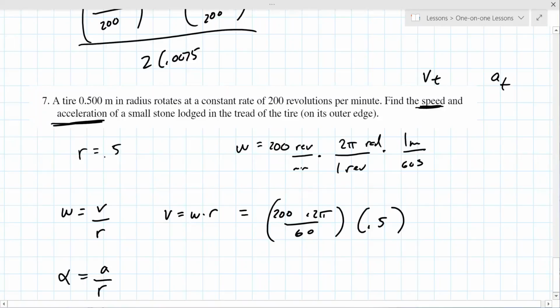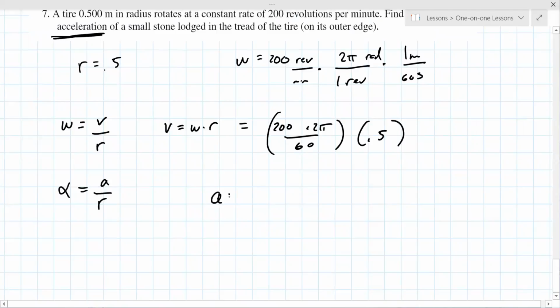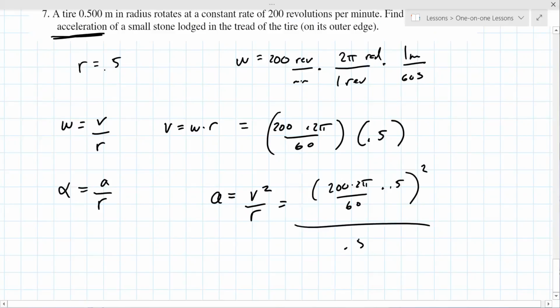This one down here is the same thing. Acceleration is v squared over r. And your v we just found, it's that number there: 200 times 2 pi over 60 times 0.5, squared, over your radius, which is 0.5.